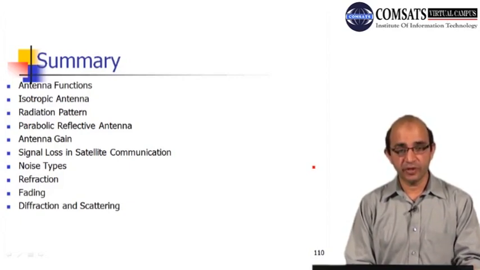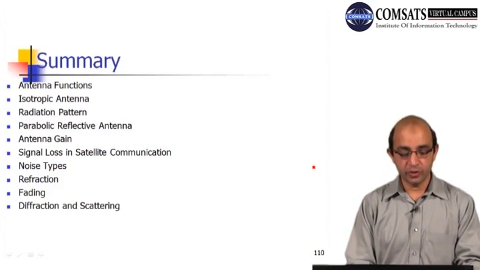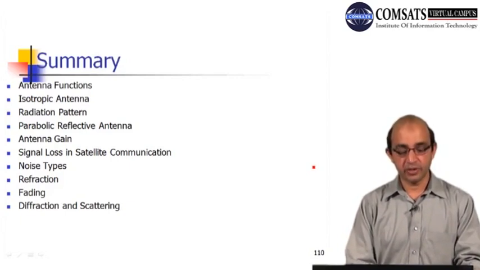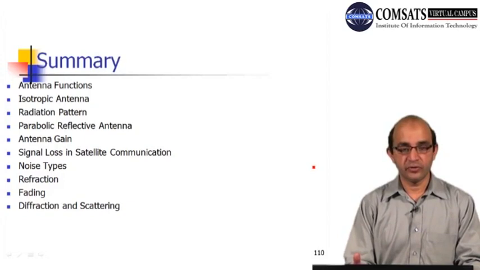And then we have also addressed satellite communication, and we took one review question from satellite communication that is relevant to signal loss, and noise, which is omnipresent whenever we have to communicate data from one point to another.